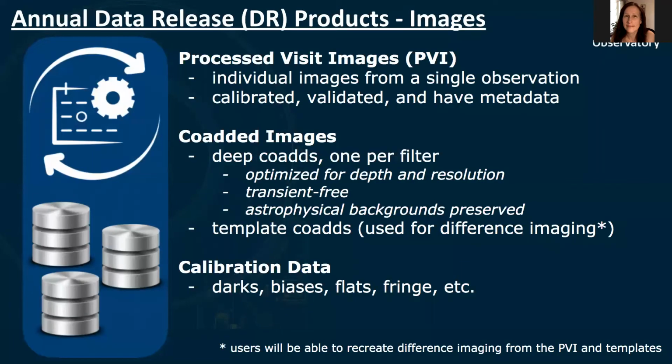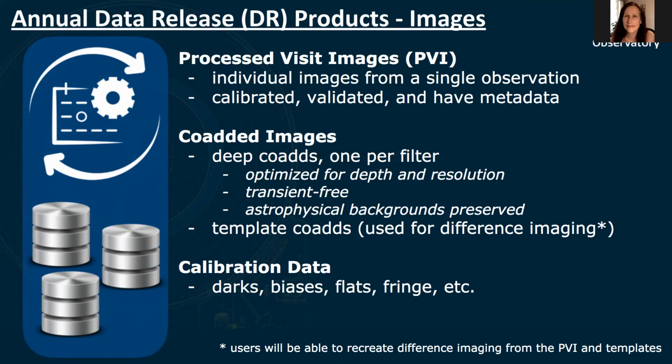The annual data release data products will include both catalogs and images. The image types that will be available to users include processed visit images, co-added images, and calibration data. The processed visit images are the individual images from a single observation. They are astrometrically and photometrically calibrated and validated and have metadata from the telescope and site as well as the processing pipeline.